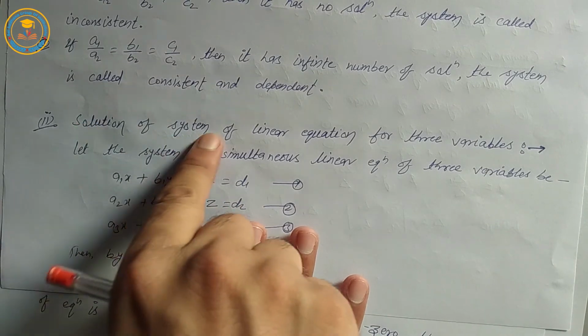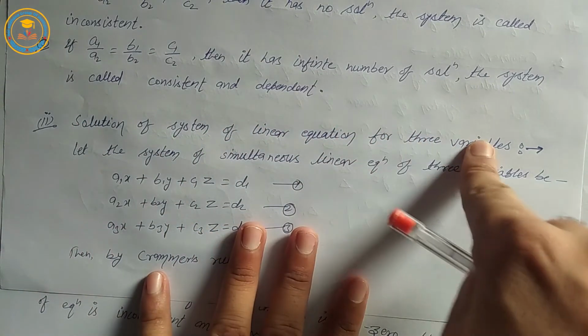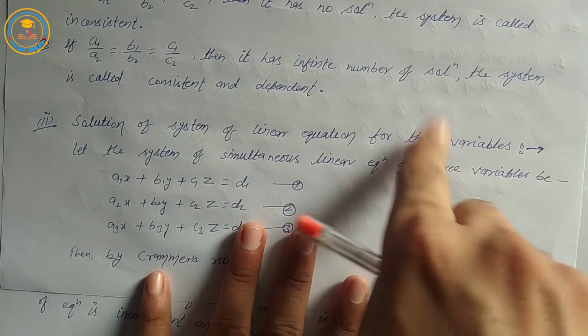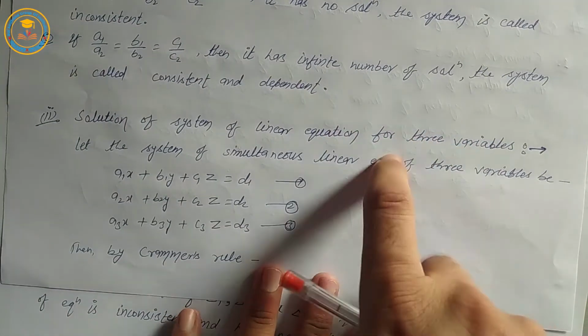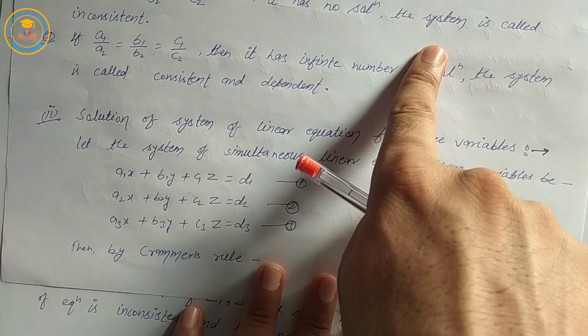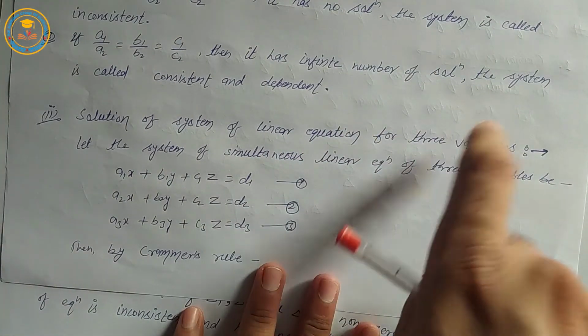Second, solution of a system of linear equations in three variables. Before, we did two variables; now three variables.